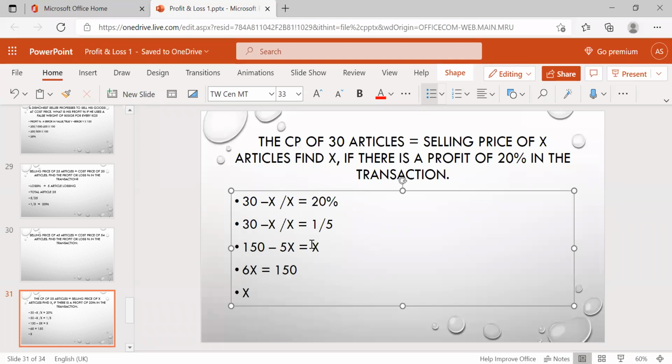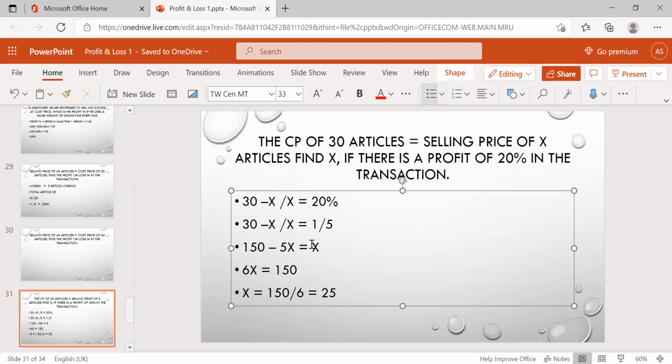That's nothing but 25. 150 by 6 equal to 25. So x equal to 25, right?